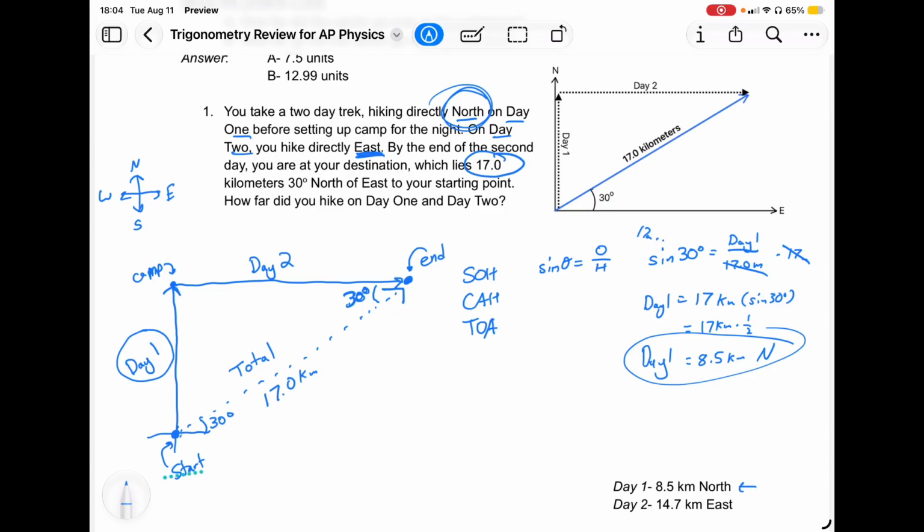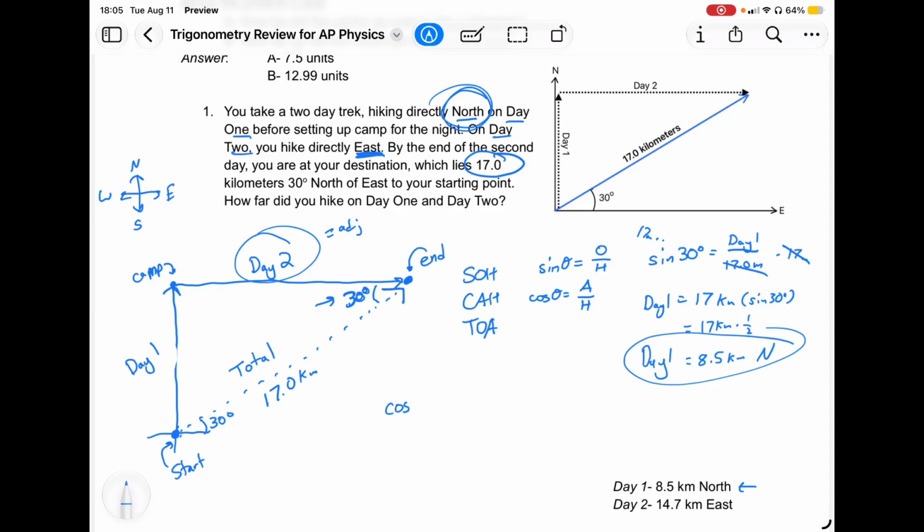So day two now. Day two is our adjacent side to this angle of 30 degrees, right? So in order to use that, we know that cosine of our angle equals our adjacent over our hypotenuse.